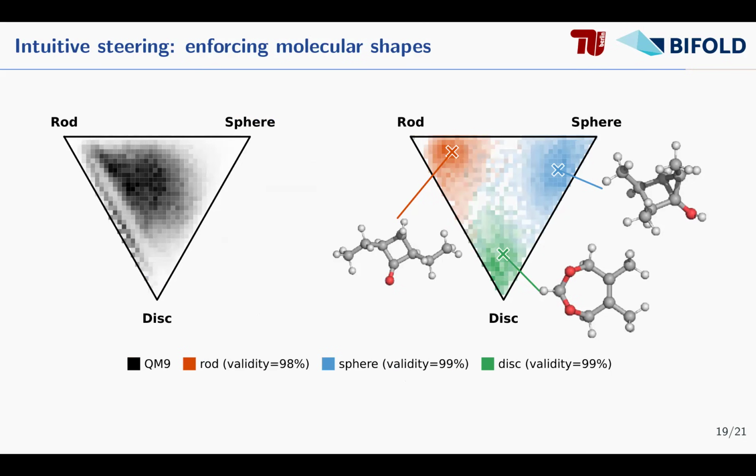Rod is very elongated, sphere is spherical compact structures, and disk structures are flat. Then we provided an extreme target, like only rod, only sphere, or only disk structures, and ran the generation. We can see that we match the target region pretty well without sacrificing any validity. The validity is still 98 or 99%.